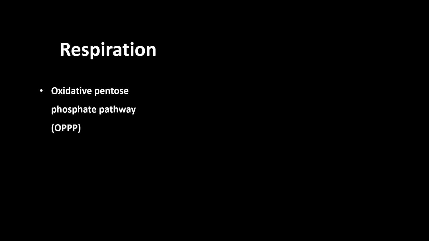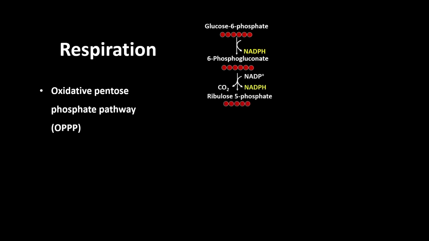First off, the oxidative pentose phosphate pathway is an alternative pathway to oxidize sugars in plant cells. It begins with glucose 6-phosphate that is generated from glucose. The conversion from glucose 6-phosphate to ribulose 5-phosphate produces 2 NADPH.